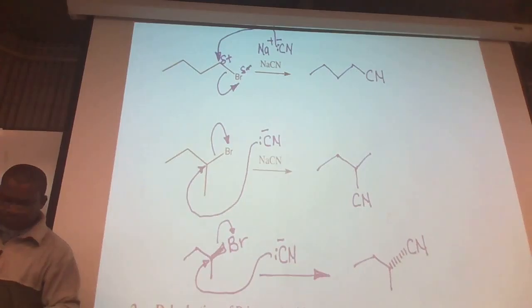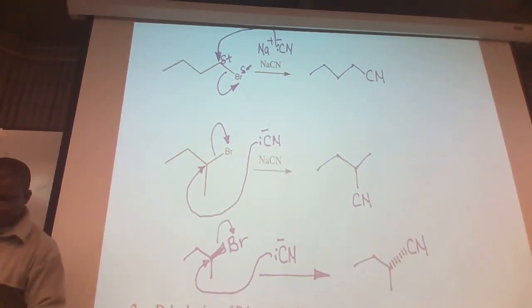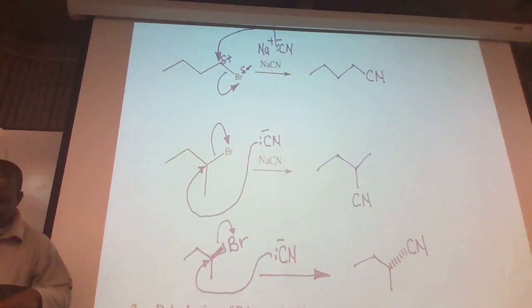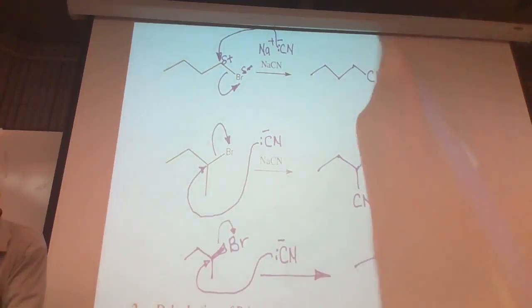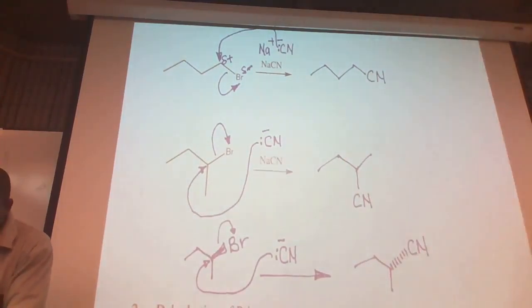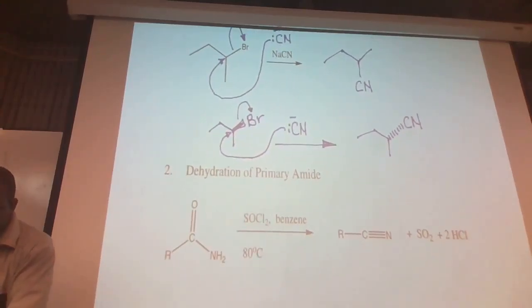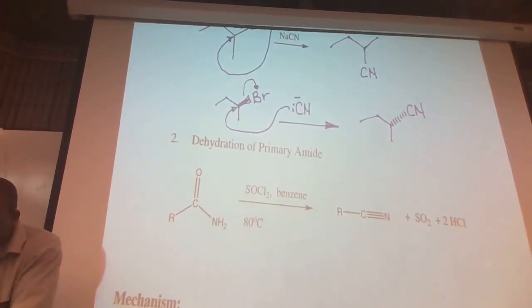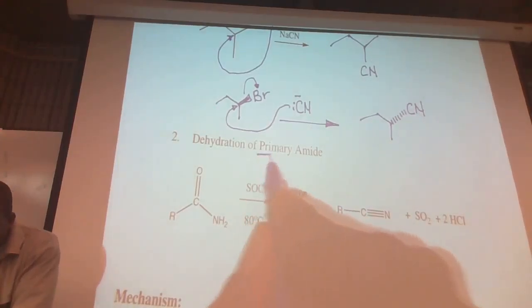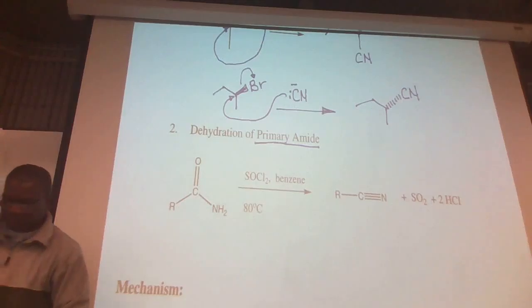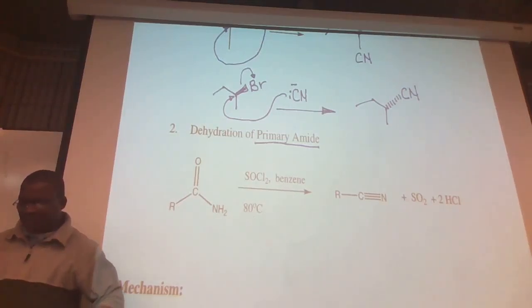So that's the first formation of nitriles. You can form nitriles by conversion of alkyl halides to nitriles. Another way to make nitriles is to dehydrate primary amides. Some people say amide, some people say amides.